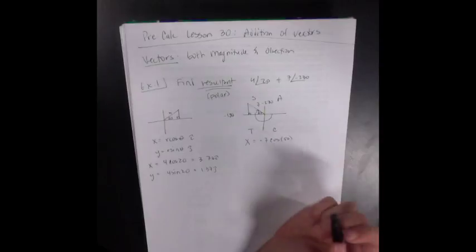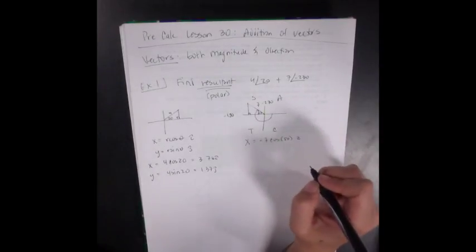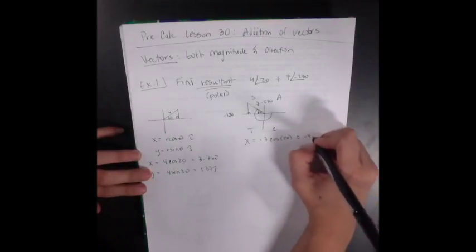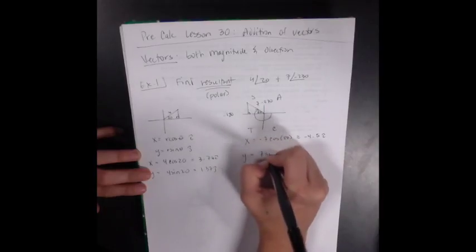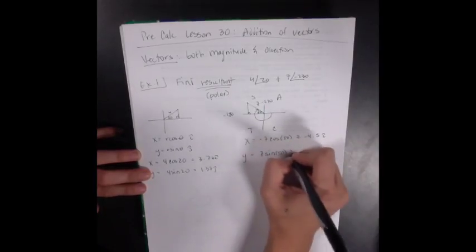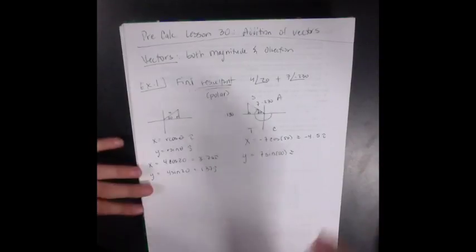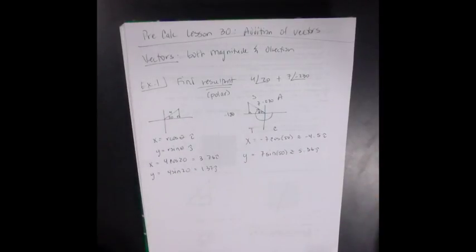Cosine is negative in the second quadrant. So this gives me negative 4.5 i hat. Y is going to be our sine of theta. It's positive. The S stands for sine, so we don't have to change it. It's positive. And this gives me about 5.36 j hat.